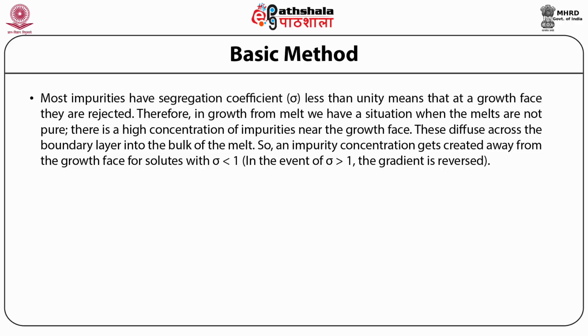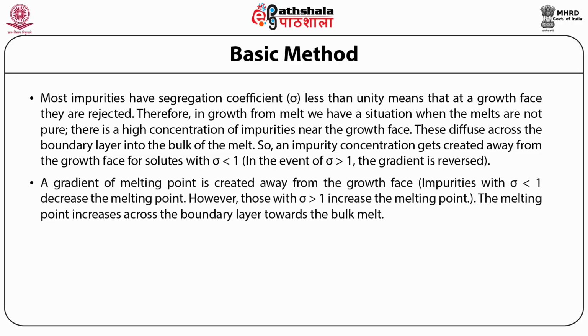These diffuse across the boundary layer into the bulk of the melt. So, an impurity concentration gradient gets created away from the growth phase for solutes with sigma less than 1. Within brackets, in the event of sigma greater than 1, the gradient is reversed.